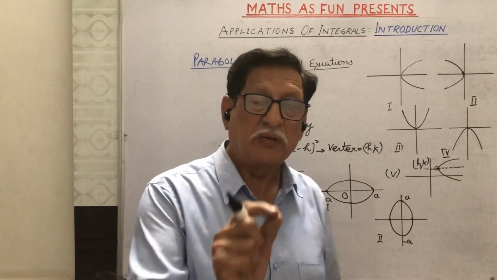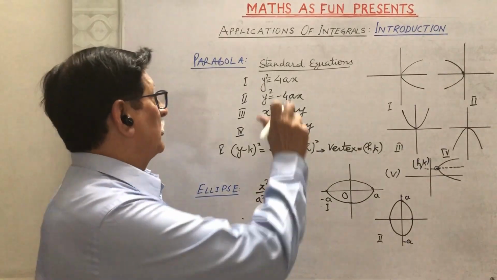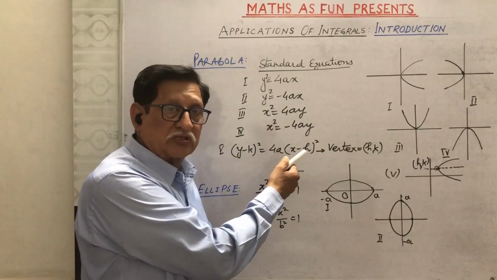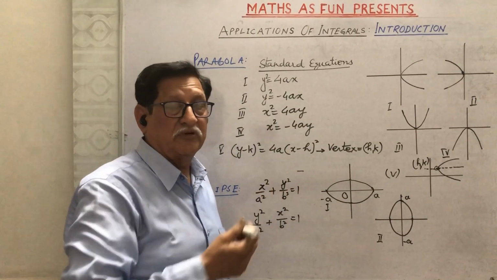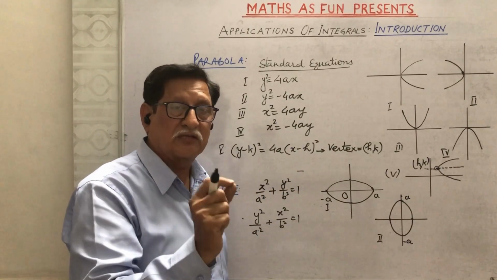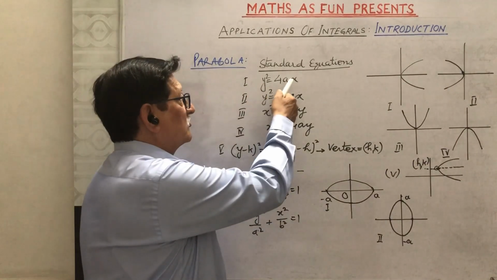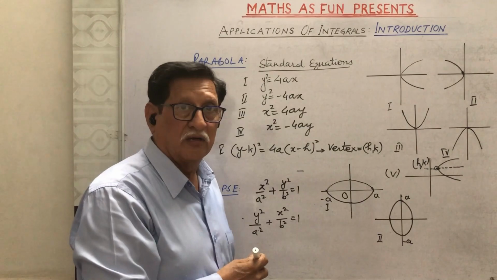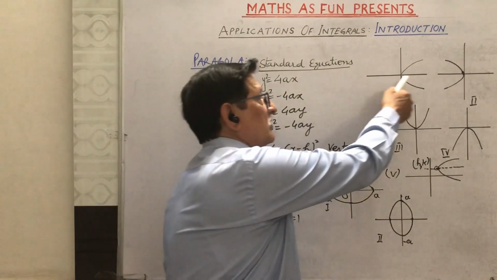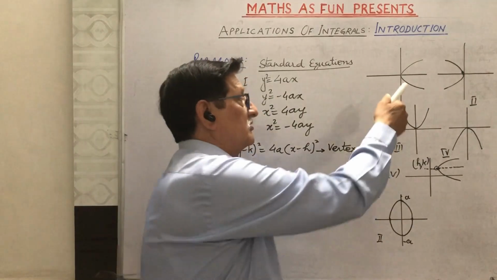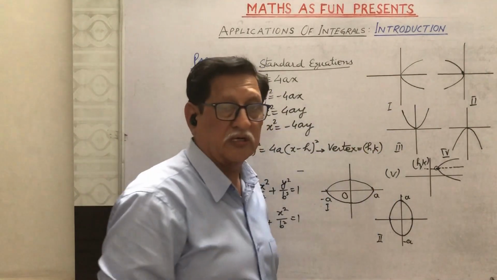The next curve may be parabola. In parabola, we have four types of standard equations. In all the standard equations, we know that the vertex lies at the origin. The first one is y square is equal to 4ax, in which we know the positive side of the x-axis, that is the principal axis, origin is the vertex.